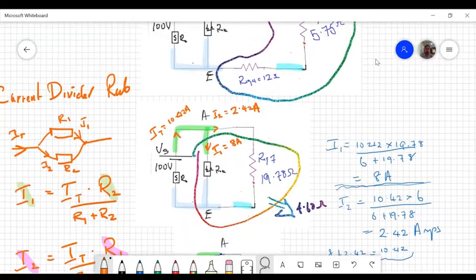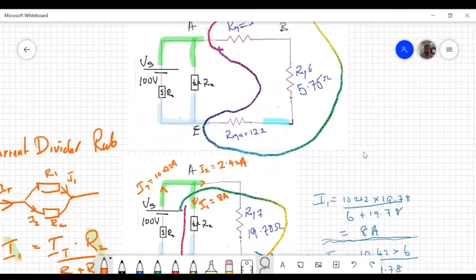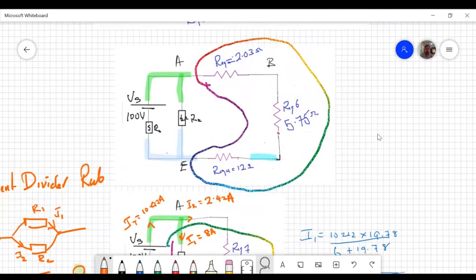So this is my 8 amps, and this is my 2.42 amps.